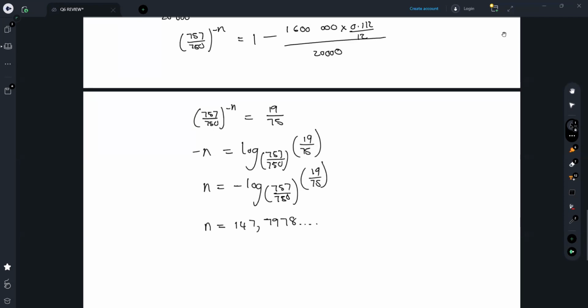So now, how are we going to answer this question? They said that they want the number of times 20,000 can be withdrawn from the bank, isn't it? So we are looking for 20Ks, not when it will be 0, but the maximum number of 20Ks they can withdraw.